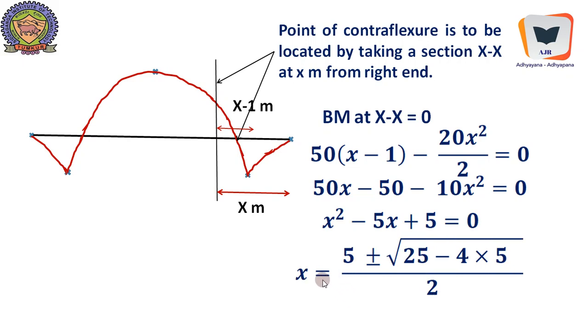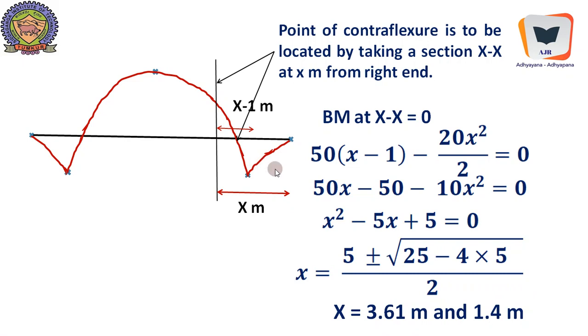Therefore the roots of this particular equation happen to be minus b, so minus of minus 5 plus or minus square root of b squared, that is 25, minus 4ac. 4 into a is 1, c is 5. So, upon simplifying we get two values for this root. Therefore two distances, one is 3.61 meters, the other one is 1.4 meters.